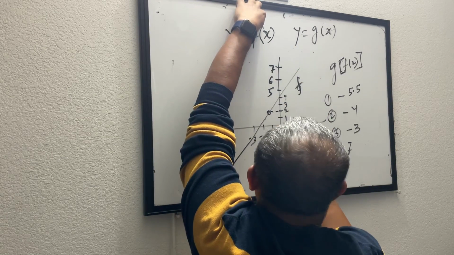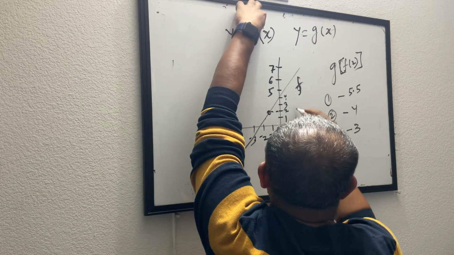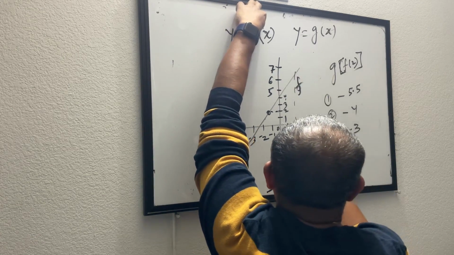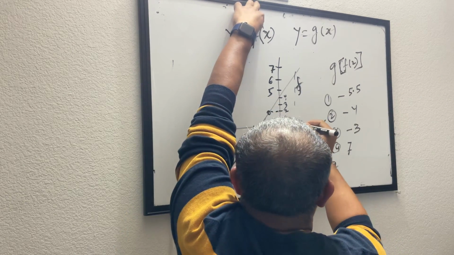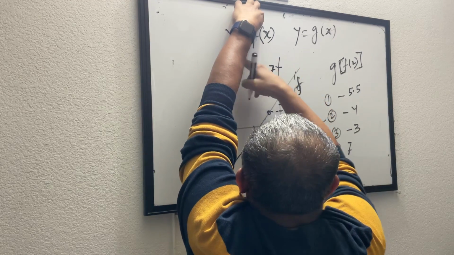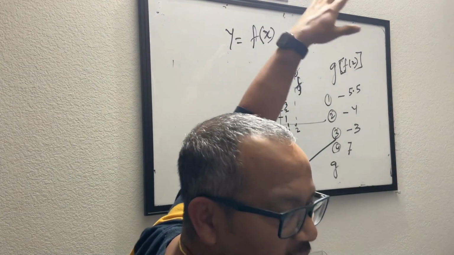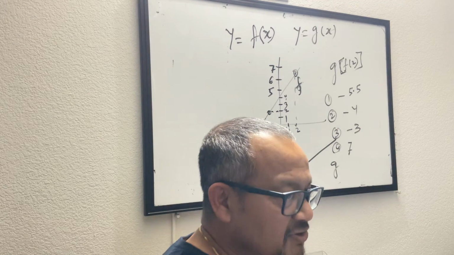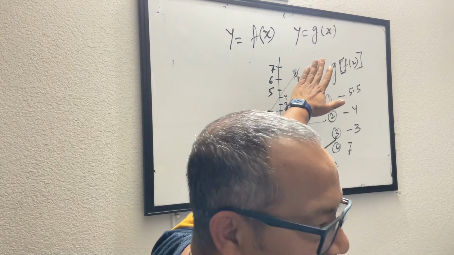When x is 2, this is 1, this is 2. I did not do a perfect drawing here, but when x is 2, what is my y value? It is somewhere around 7, and that's what was in the question also. When you join the WhatsApp group, you will be able to see the question better. You don't have to rely on my drawing skills.